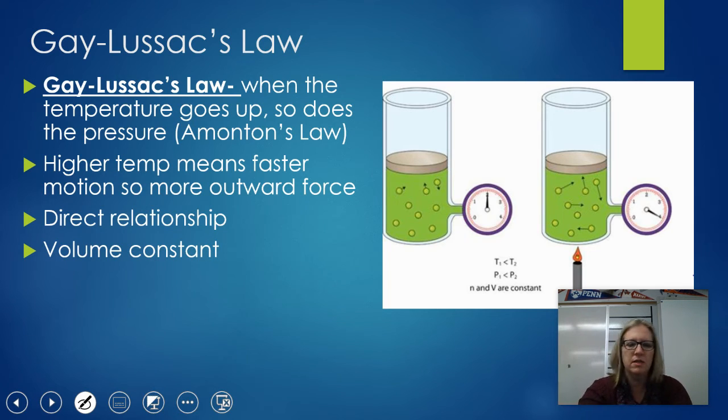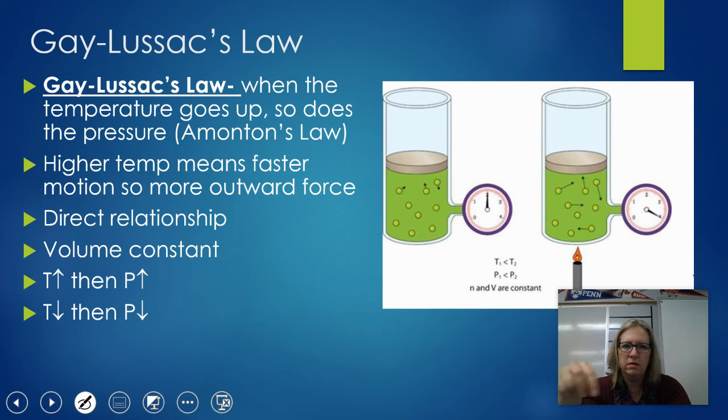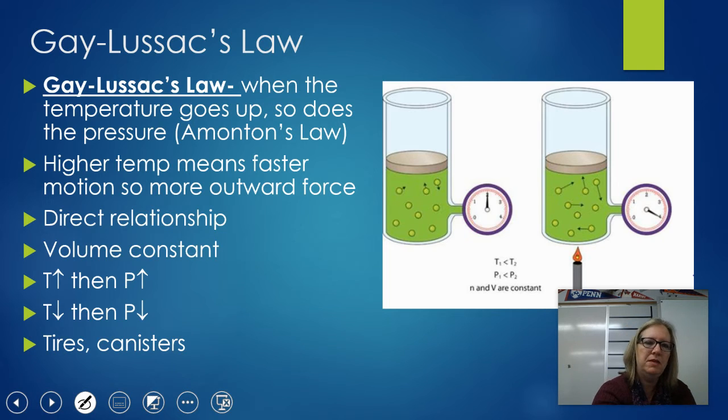Volume's constant, it's not changing. Both temperature and pressure will go up together or decrease together, okay? And our example is tires, which you can make the argument that tires can actually change their volume because they're rubber, but it's difficult for them to do that. A better example would be propane canisters or a metal canister, an oxygen tank, something like that.